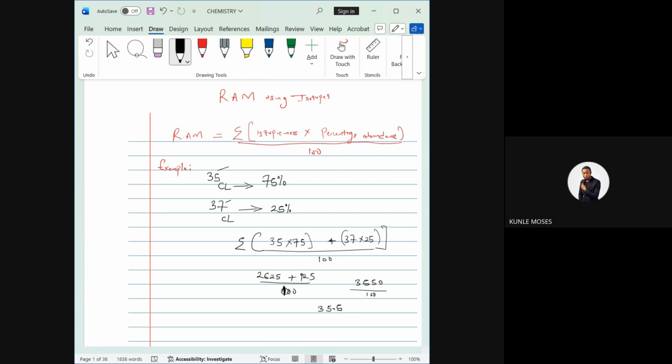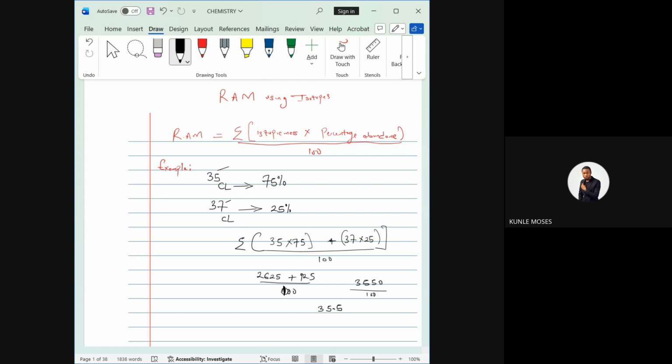Your periodic table will give you that. So in case you don't want to cram, sometimes they can ask you to calculate. They can give you an unknown atom. They can say an atom X has an isotopic mass of 23, and it also has another isotopic mass of maybe 24.